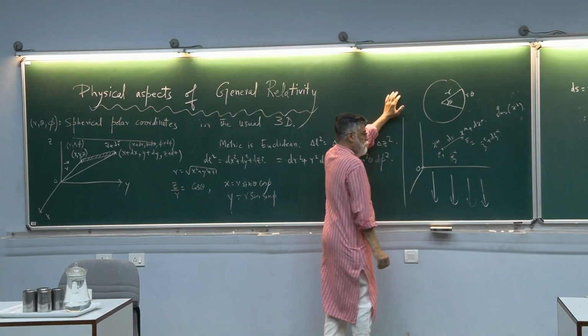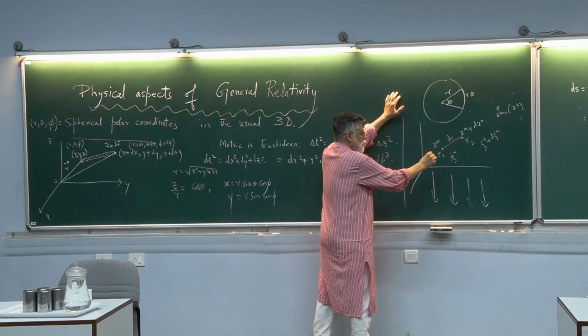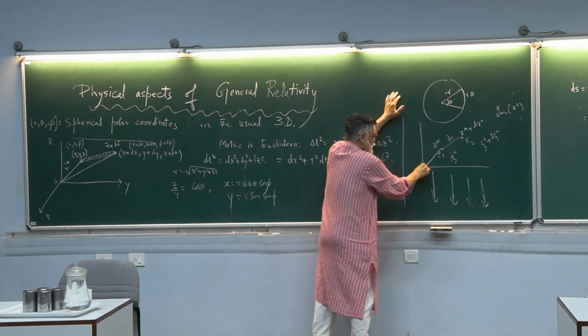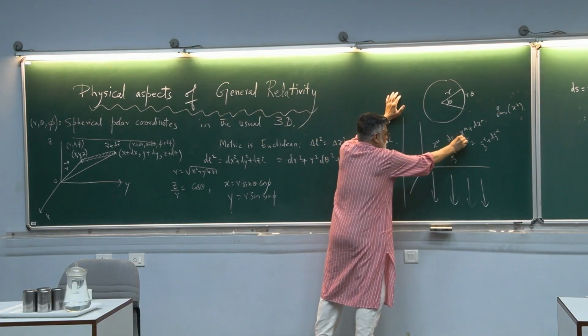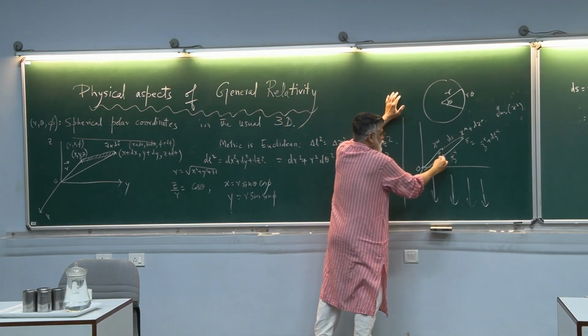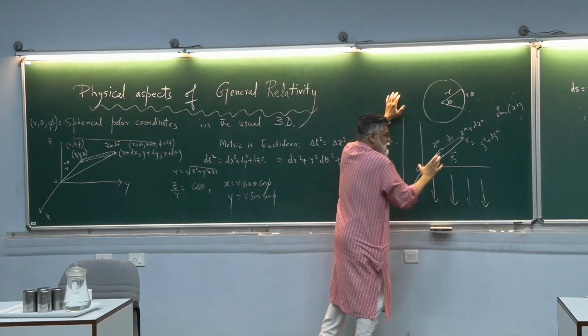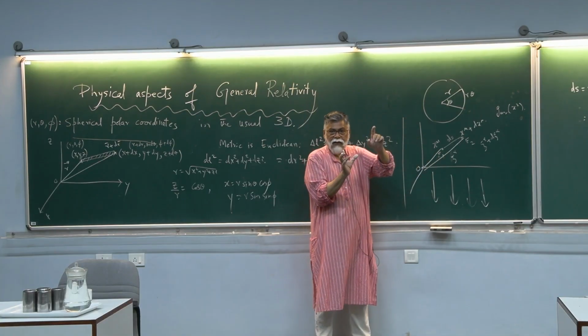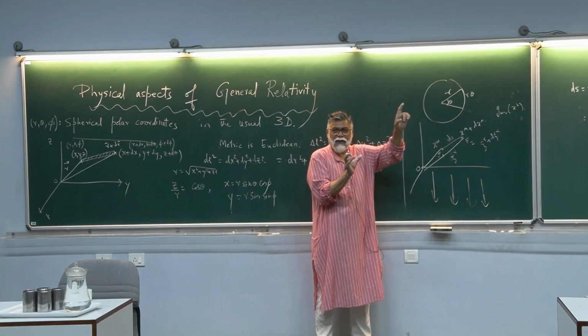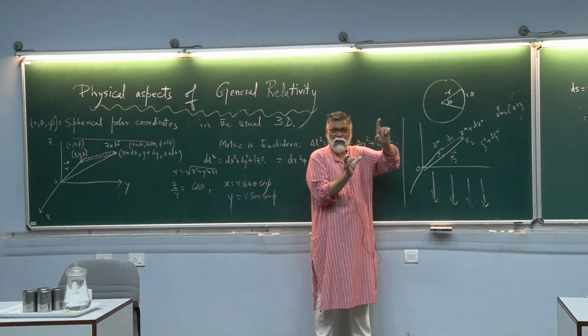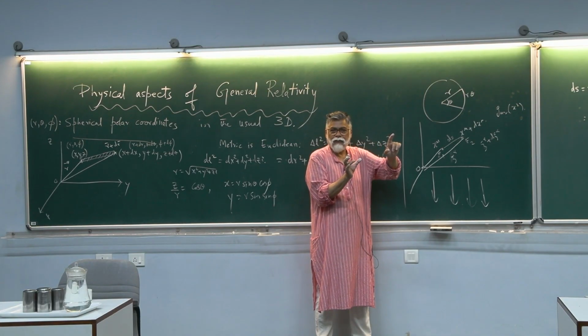This is my psi alpha, and d psi alpha has an x component d psi 1, a y component d psi 2, and a z component d psi 3, all in the Cartesian coordinate system.